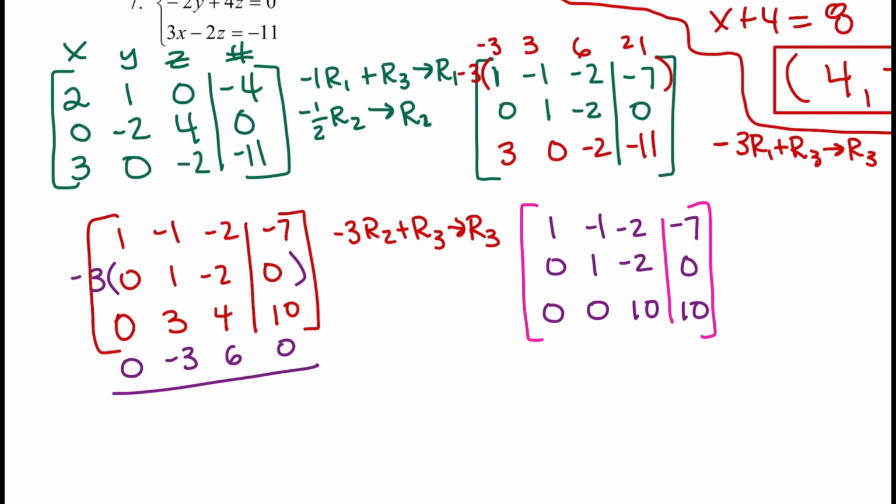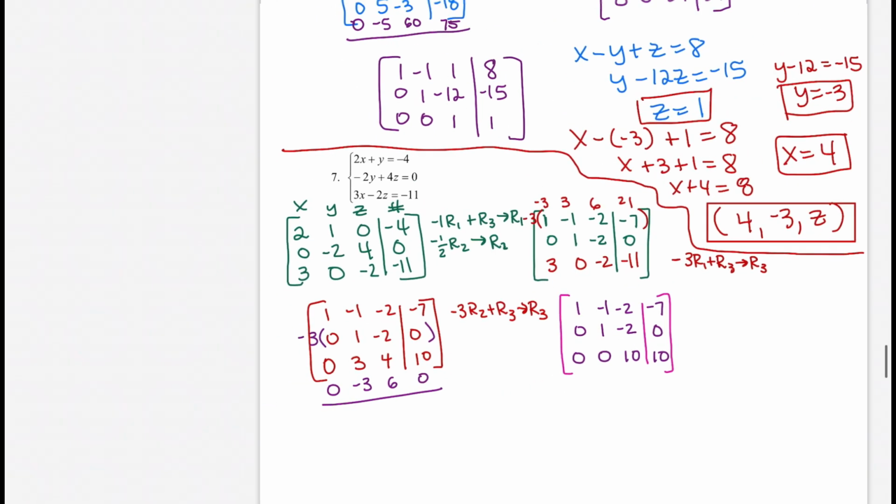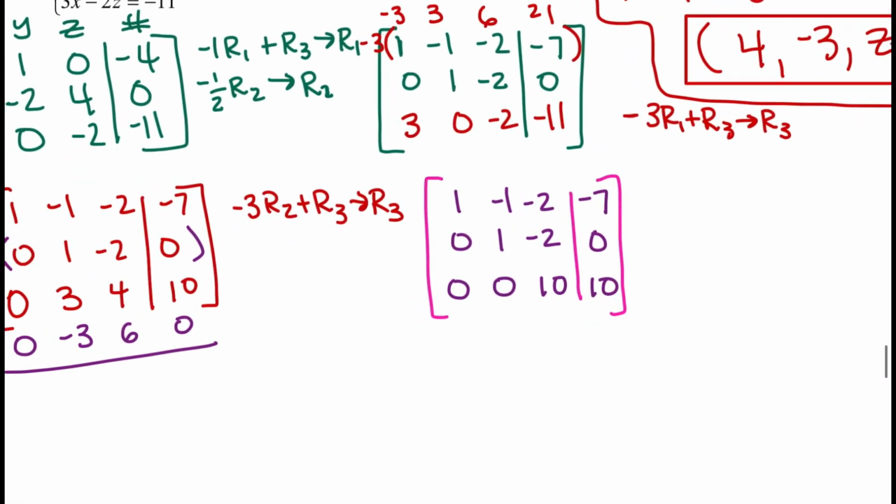Now our last step is to get a 1 in this spot here. Right now we have something like 10z equals 10. So if we divide both sides by 10, we'll know z equals 1. But we need to multiply when we're doing matrices. So we're going to take 1/10 times row 3 to be our new row 3.